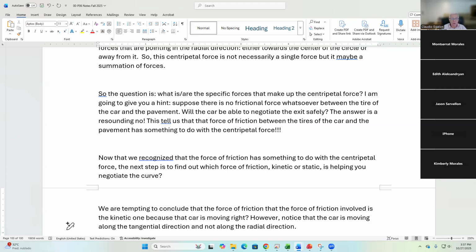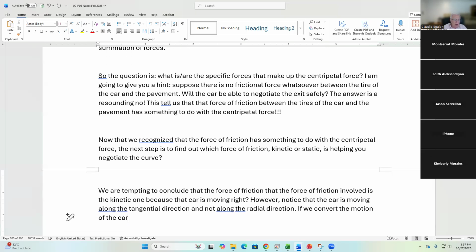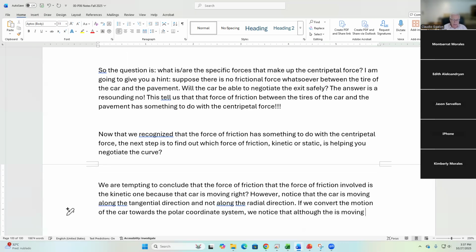If we convert the motion of the car to the polar coordinate system, we know that although the car is moving along the tangential direction, it is at rest with respect to the radial direction. Do you see the difference here?